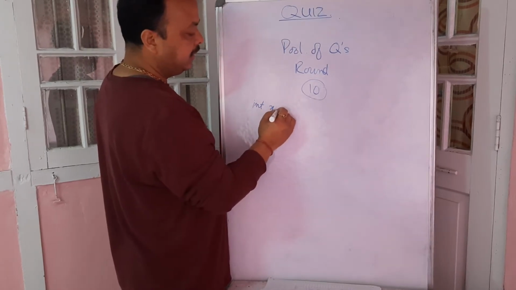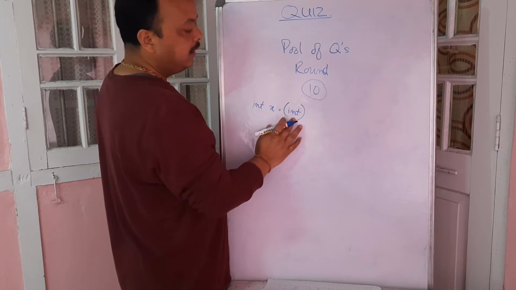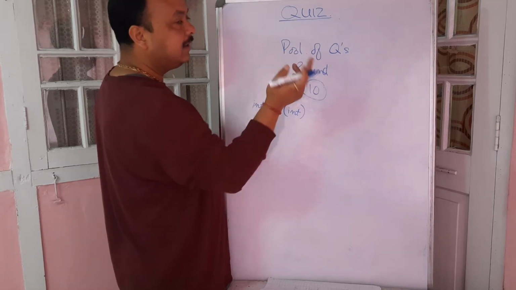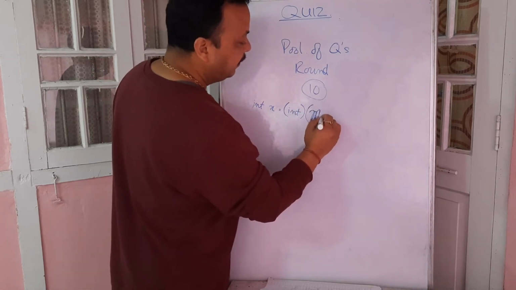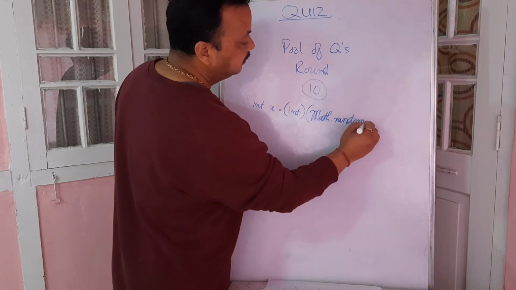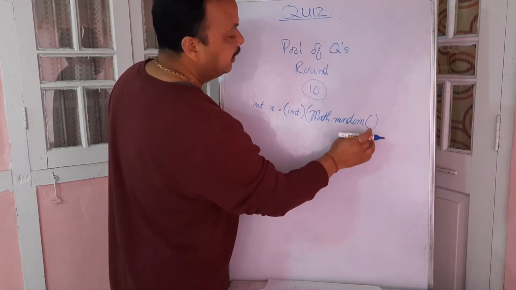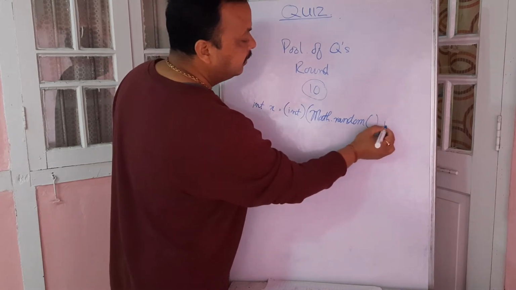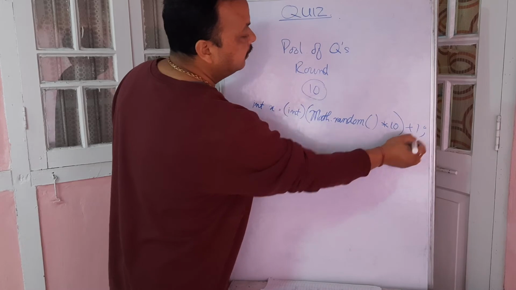Then you can say int x equal to, with casting here because the random function returns the double data type, Math.random, which does not require any argument, times 10 plus 1.